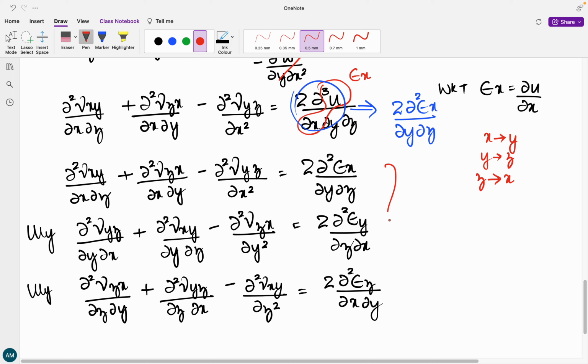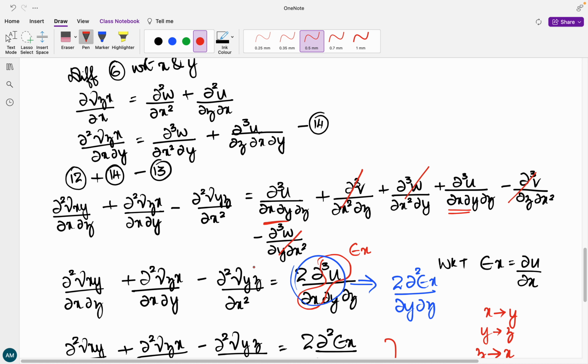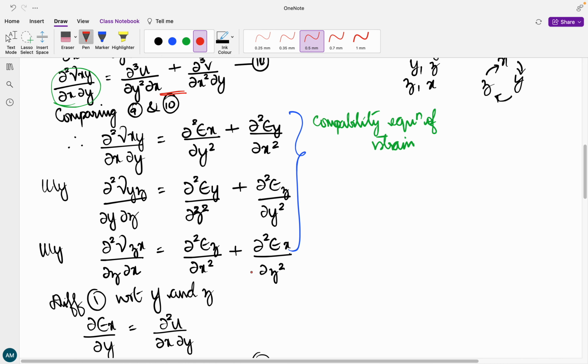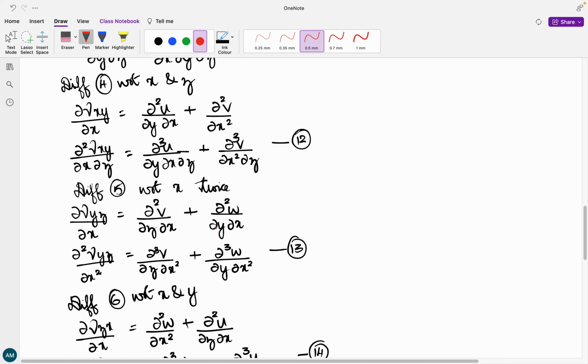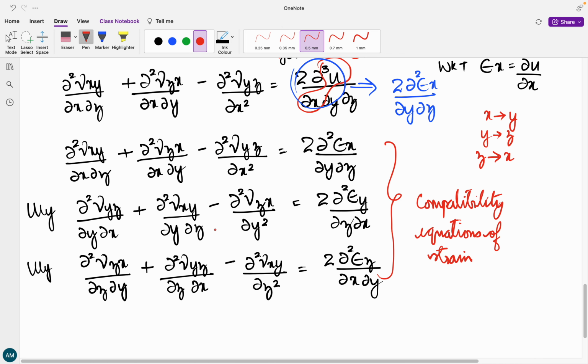So these three are the compatibility equations of strain, and with these three, we have therefore 6 compatibility equations of strain in total. We have also done the derivation to obtain these equations.